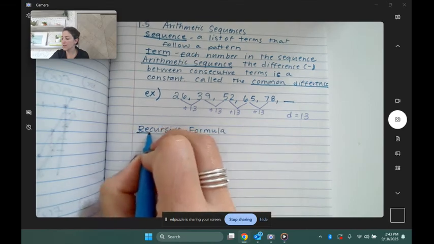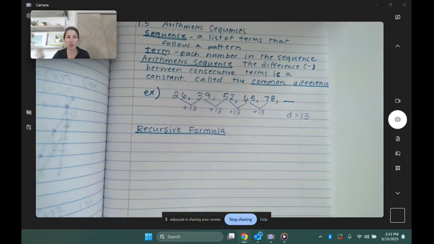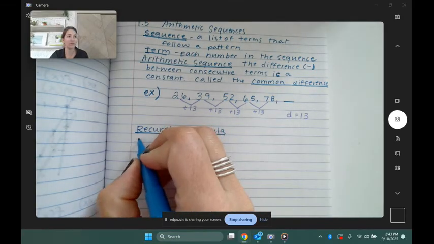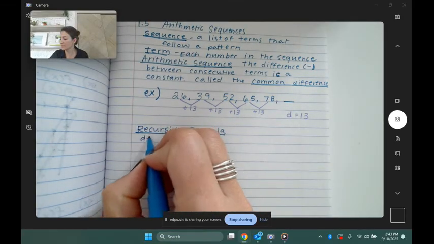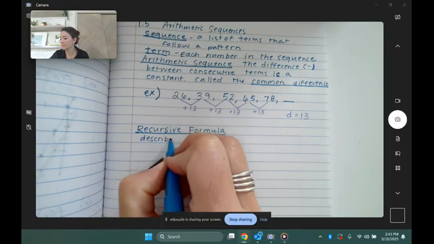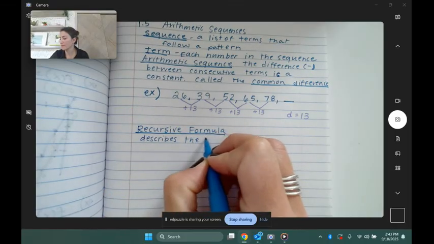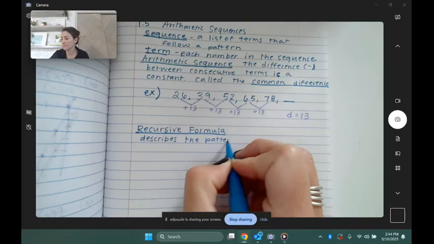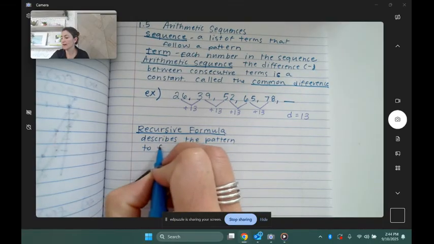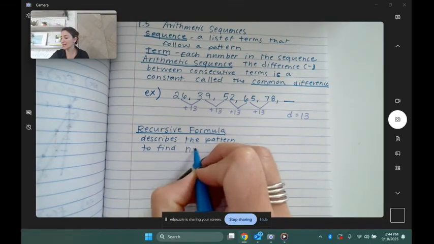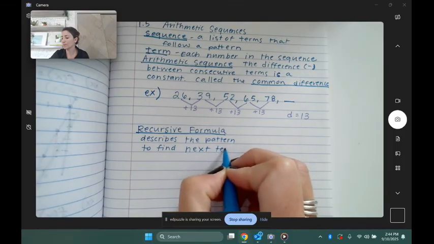And this one uses the pattern, what comes next. It usually describes the pattern to find the next term.